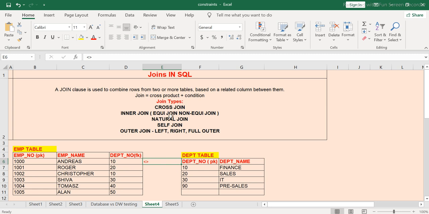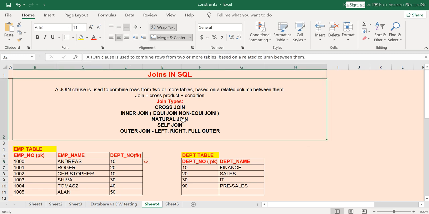And then we have something called natural join. Natural join I will try to explain to you later. But for now, you know that natural join is basically naturally performing an equi-join condition. Without specifying any condition, natural join will perform an equi-join condition. That we will see. We will also see the different conditions for natural join. And then self join.